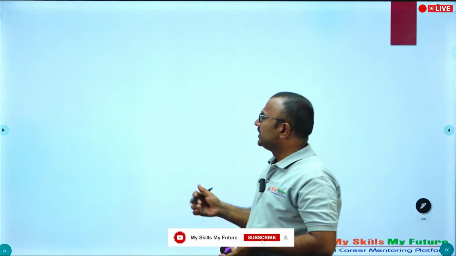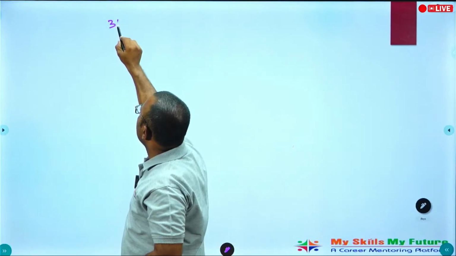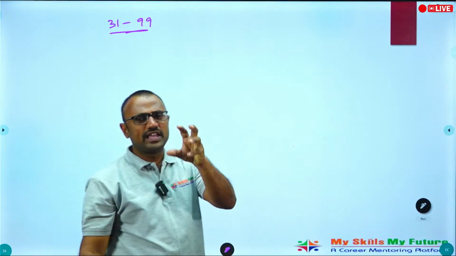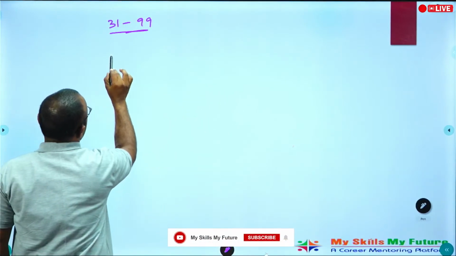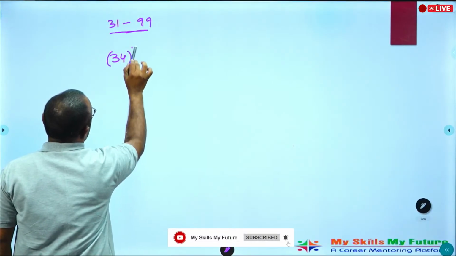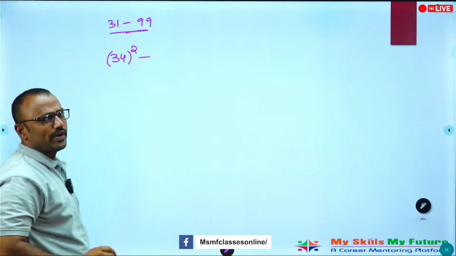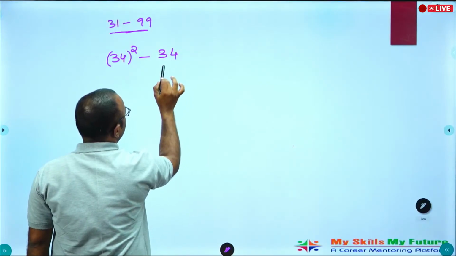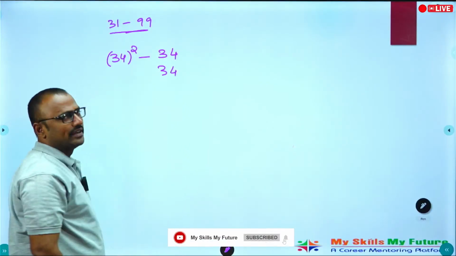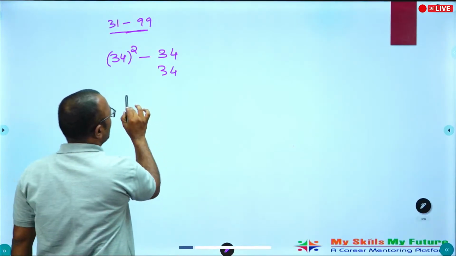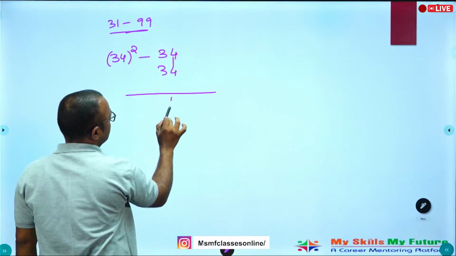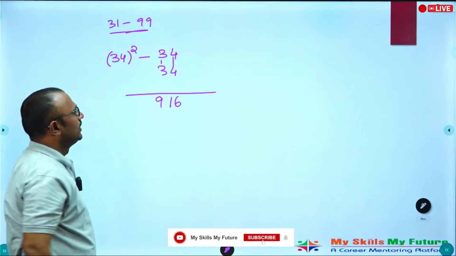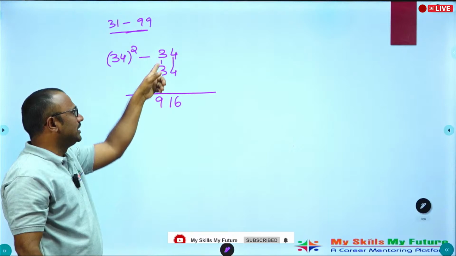What about a number from 31 to 99? We have the same technique here. Suppose I give one example, 34 square. How to find the value of 34 square? Write the number two times, 34, 34. 4 fours are 16, 3 threes are 9.